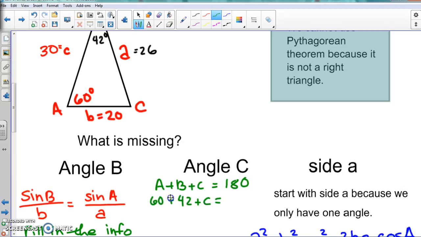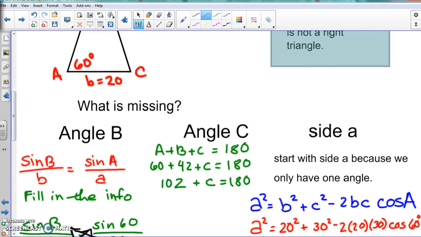So we just need to find C. If we add those two together, that gives us 102 plus C equals 180. Then we move it over and solve for C, so subtract 102. What is our final answer for C? Everybody should get 78 degrees. So those are the three answers we're looking for.